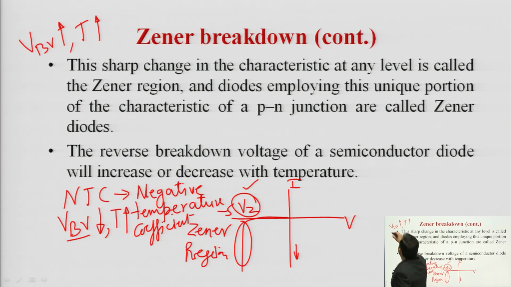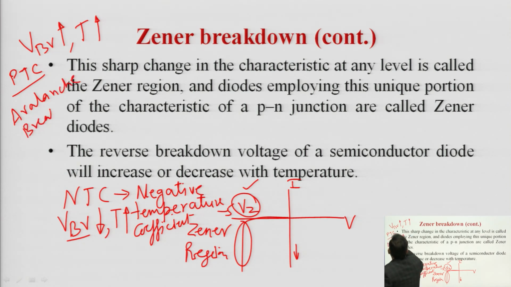So, this is called PTC behavior, which corresponds to avalanche breakdown. This is the difference between the temperature effect on avalanche breakdown and Zener breakdown.